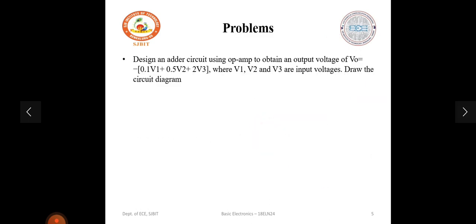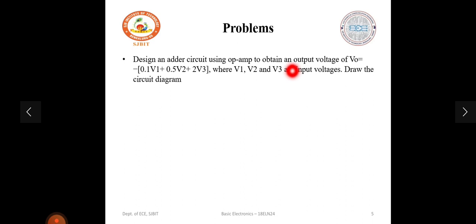Having a brief look at the differentiator, let us have a look at the problems. We have a problem quoted as: design an adder circuit using op-amp to obtain an output voltage of V0 equal to minus of 0.1 V1 plus 0.5 V2 plus 2 V3, where V1, V2 and V3 are input voltages.